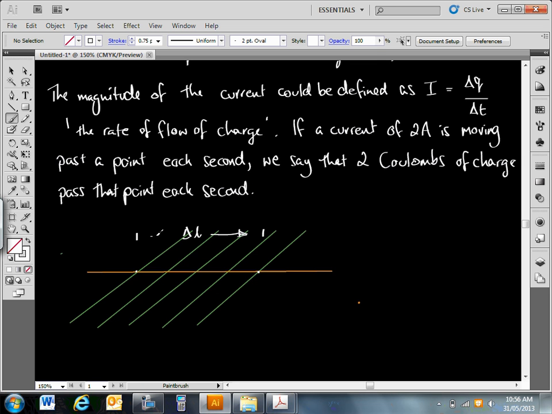It's the portion of current carrying wire that's inside that magnetic field. And we say the current element is I times that delta L.